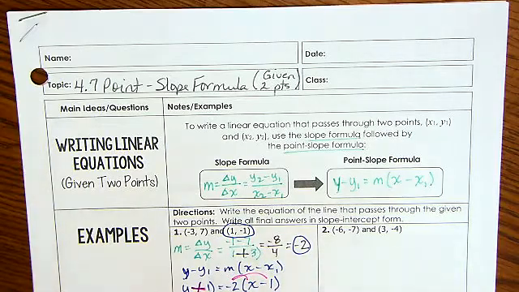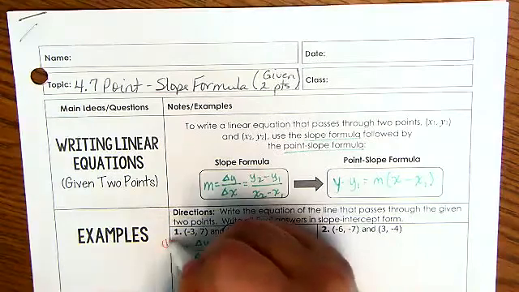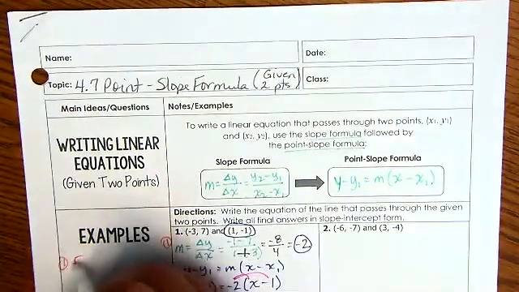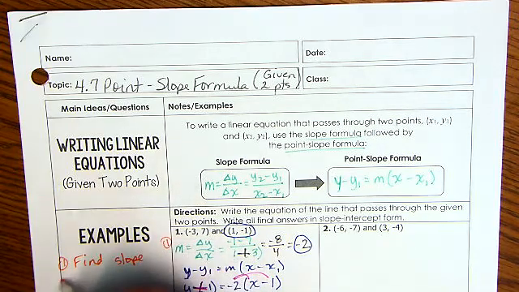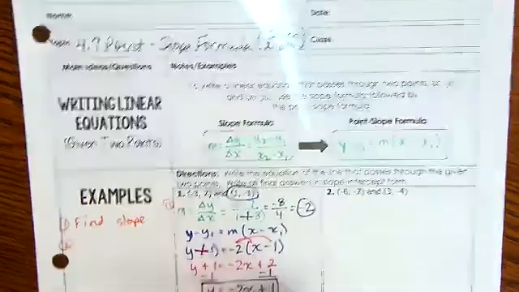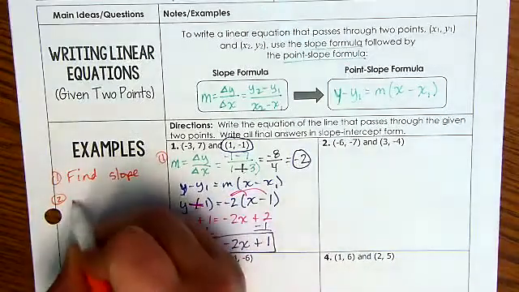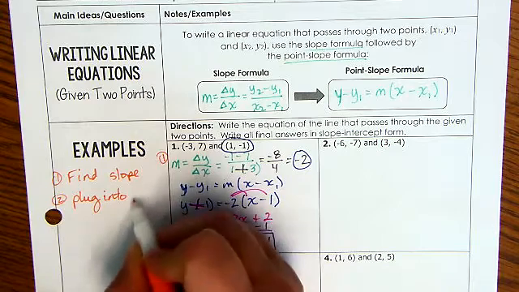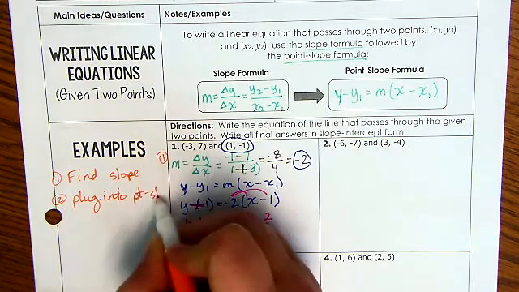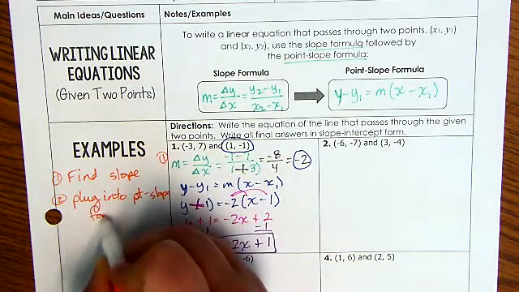As we find the slope, our first step is to find slope. Second step, plug into point slope formula.